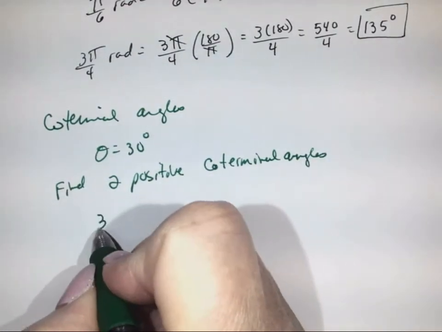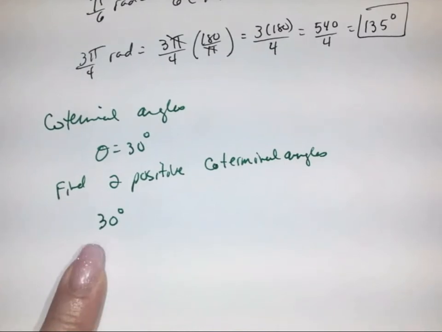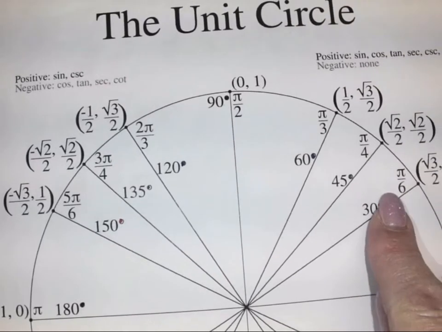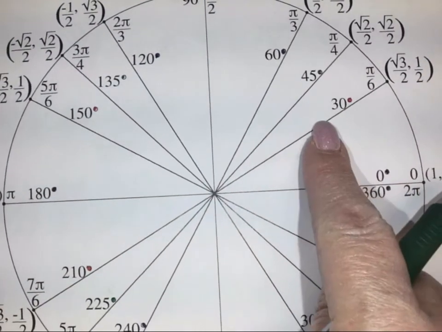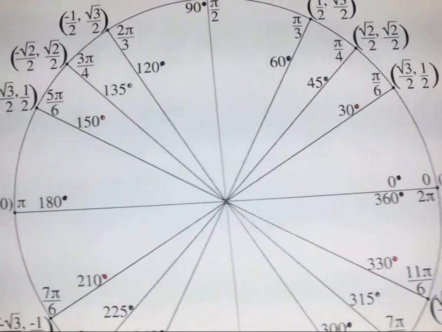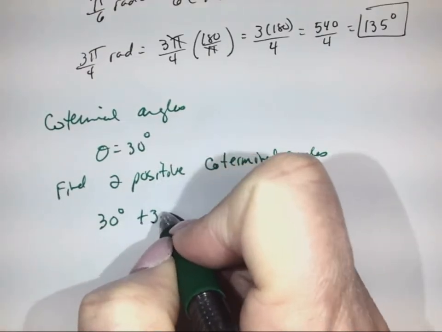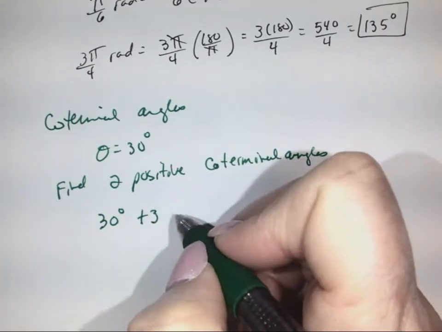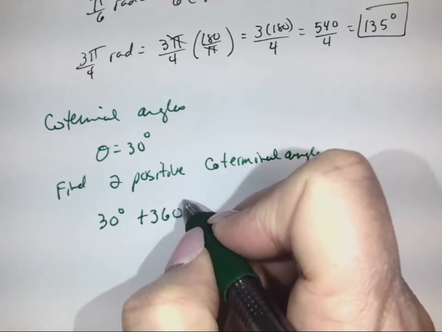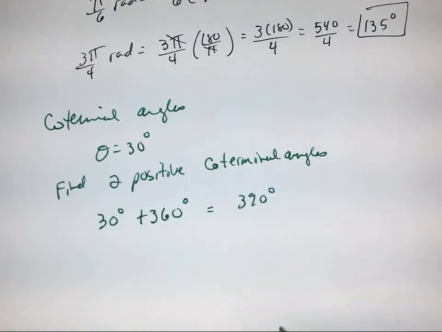So I have 30 degrees. How do I get it to stop there again? Well, on my circle, if I'm at 30 and I want to land here again, I have to go all the way around the circle. So I add 360 degrees to get back to our 30 degrees again. That'll get us 390 degrees.